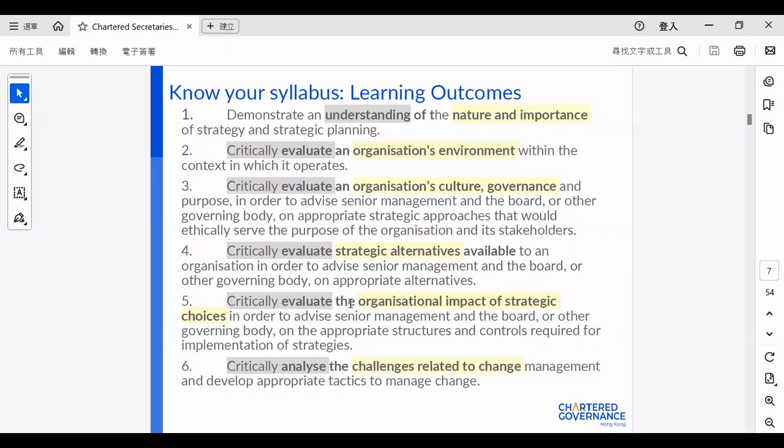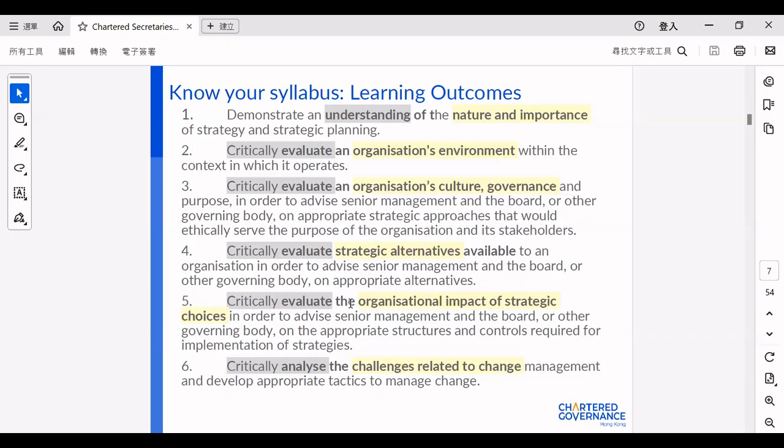So that's about culture, alternatives, and the fifth one is the impact of your strategic choices as well. And the last one is to critically analyze challenges relating to change management. So change will be one of the topics.